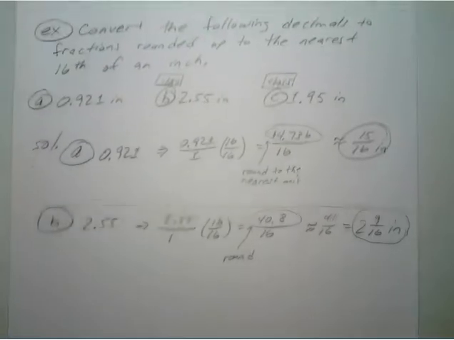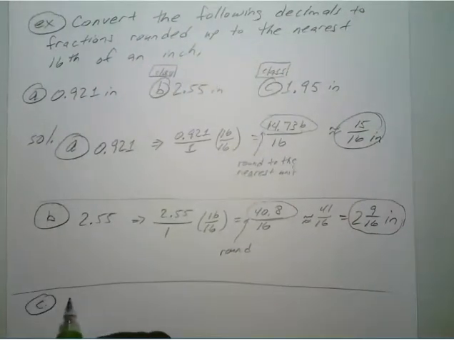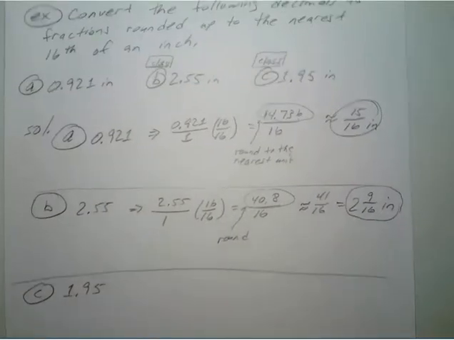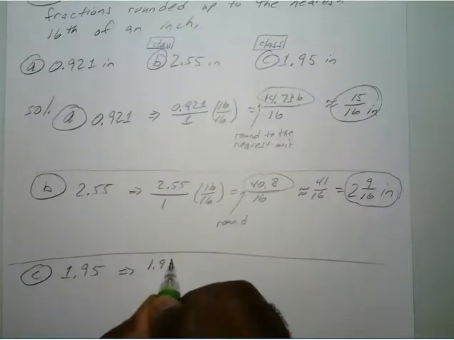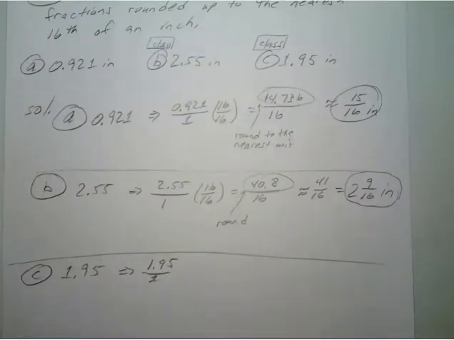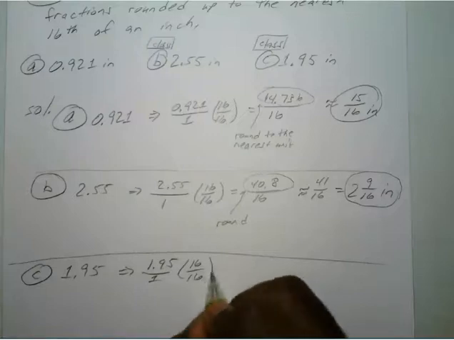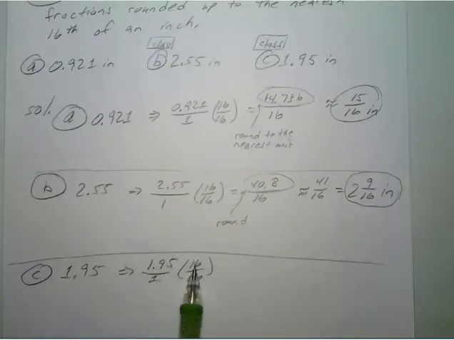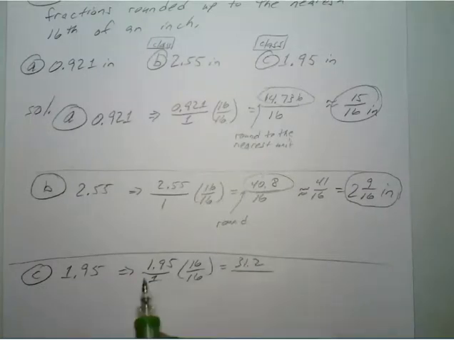All right, so let's do problem C. We have 1.95 inches. Of course, we rewrite it as 1.95 over 1. Again, since we're rounding to the nearest 16th of an inch, we multiply by 16 over 16. 1.95 times 16 is 31.2, and 1 times 16 is 16.